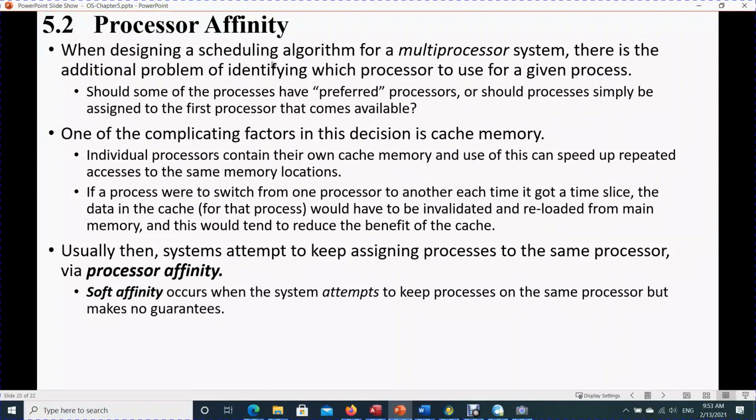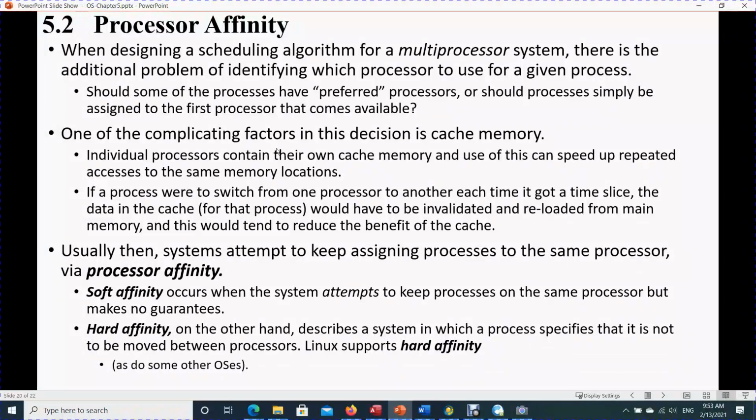It comes in two flavors: soft affinity, when the system attempts to keep processes working on the same processors, but with no guarantees. Hard affinity, on the other hand, is a system where the process specifies that it be assigned the same processor each time. Linux, among others, supports hard affinity.